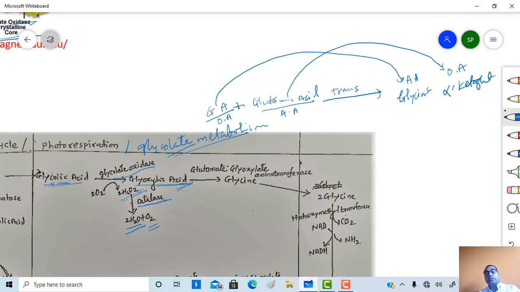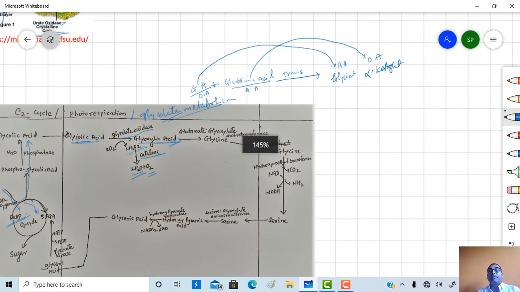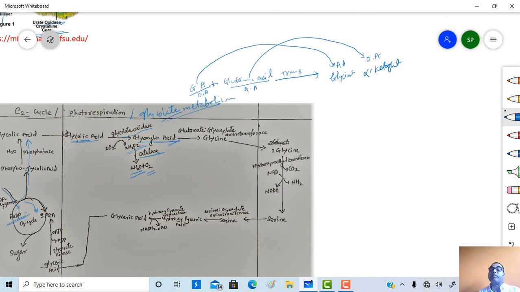So transaminase or aminotransferase enzymes are involved in such a reaction, and the peroxisome plays an important role in the formation of amino acids.